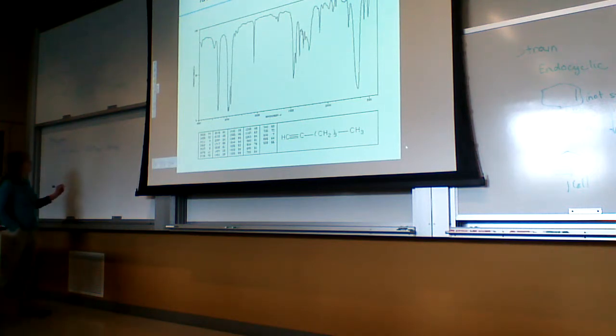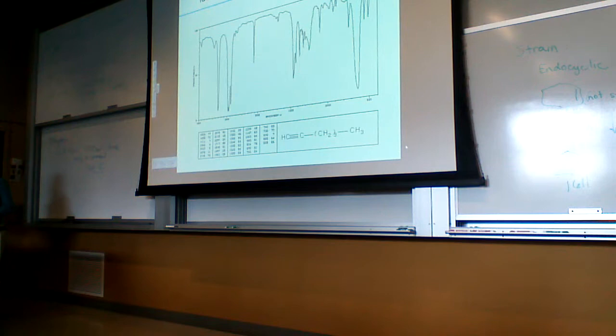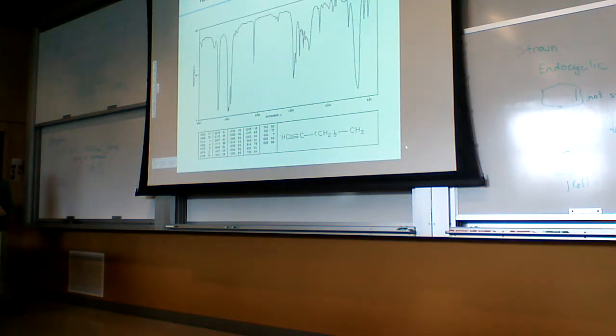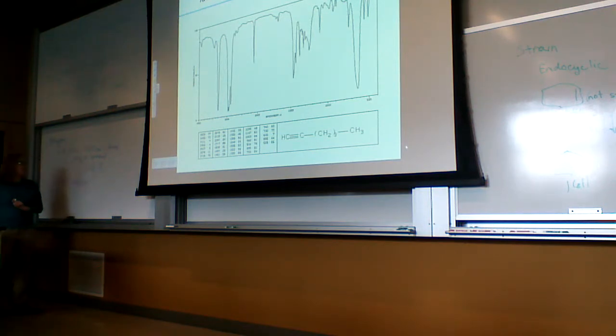And this only occurs if it's terminal. When you have the alkyne at the end of the chain, so you actually have a CH on the alkyne carbon. We've already seen that. And the other thing with the alkynes is the triple bond stretching frequency. That is going to be around 2150 centimeters to the -1.